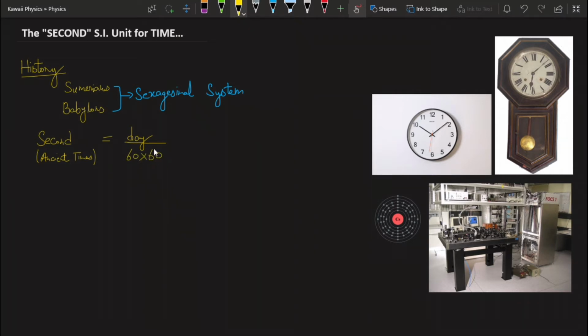So that was the definition for a second. But according to modern times, it's based on the hour: hour divided by 60 multiplied by 60. So at that time it was the sexagesimal subdivision of the day, but in modern times it's the sexagesimal subdivision of the hour.